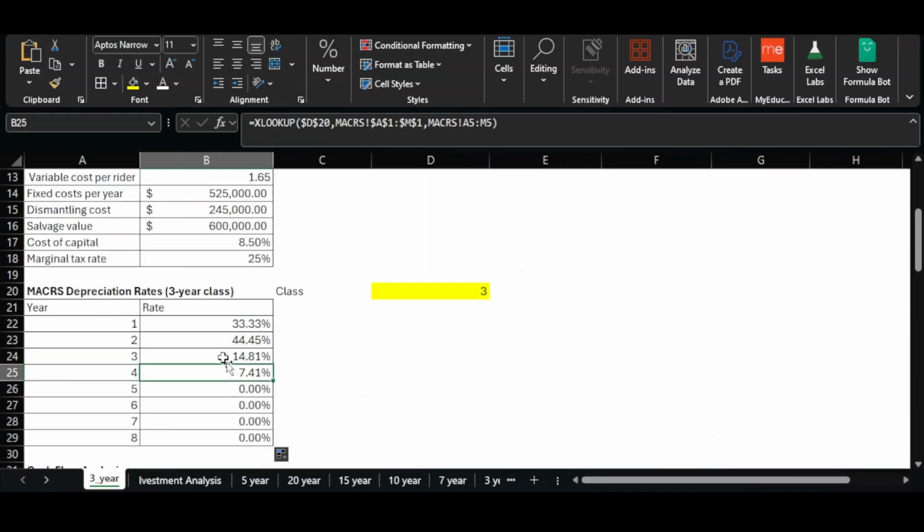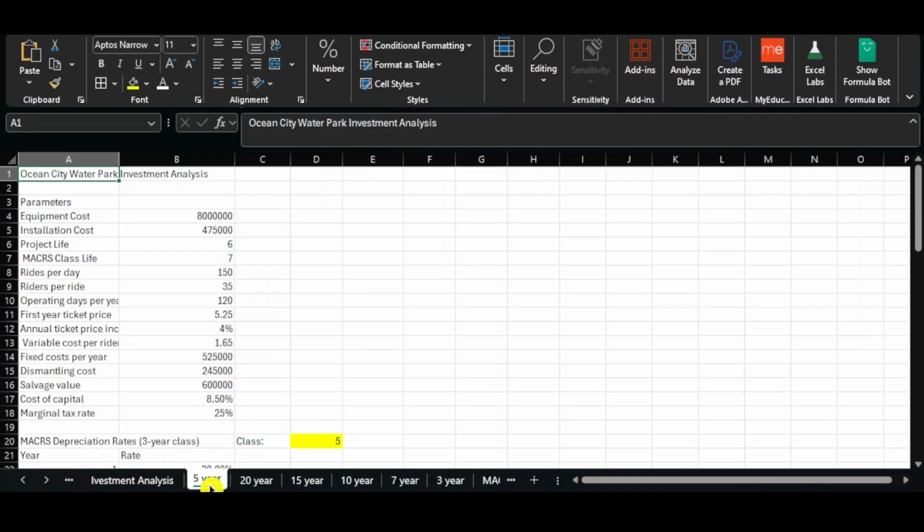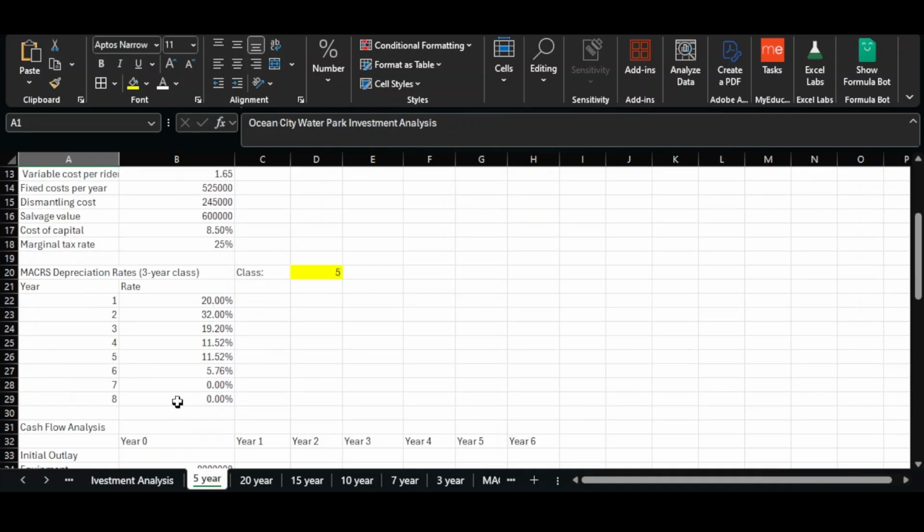And that's how I made that modification of the duplicate of the main sheet, so I can make the sheets right here. These are the finished ones, varying. See, there you go. The MACRS in these different sheets are varying because of the class.